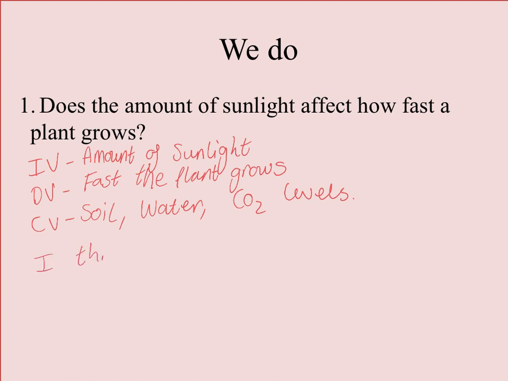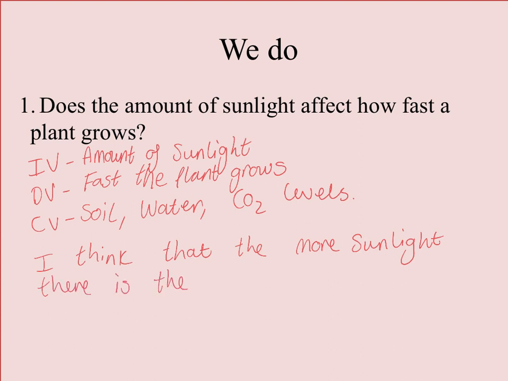I think that, and remember we're going to delete it in a minute because that's the third part of our success criteria. I think that the more sunlight there is, the quicker a plant will grow.